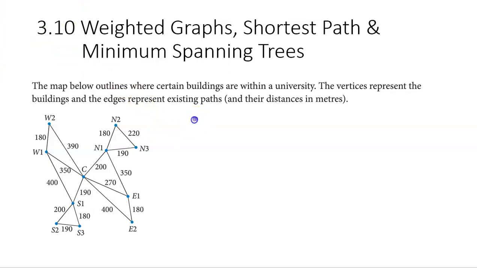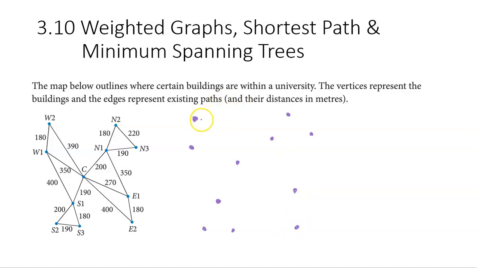So let's say I want to draw a spanning tree. How do you draw a spanning tree? Remember, you need to make sure that all the vertices remain in the same positions. Right now you can see I draw all the vertices over here. I'm just trying to make sure I have all the vertices.